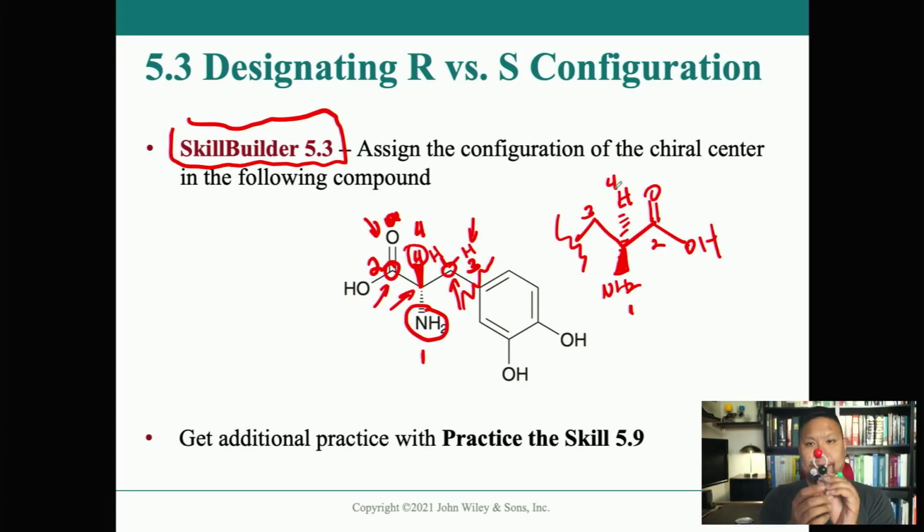Okay, there we go. All right, so nitrogen coming out to you, hydrogen going backwards, okay? Oxygen with the carbon is over here, okay?